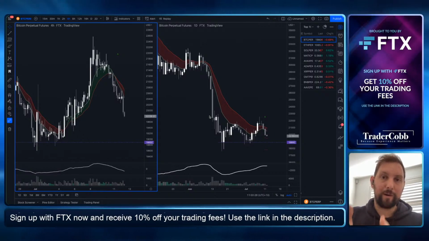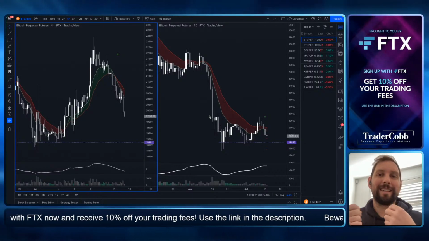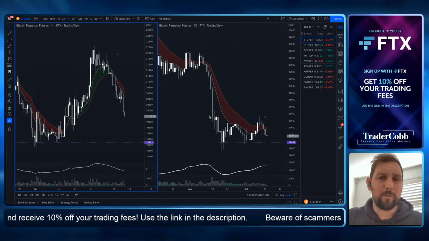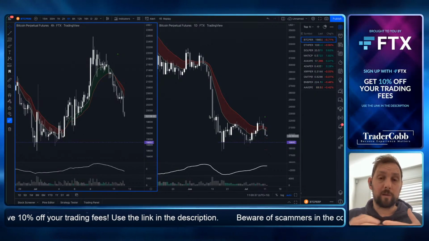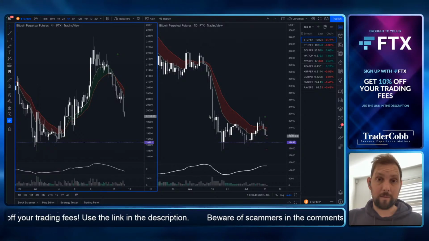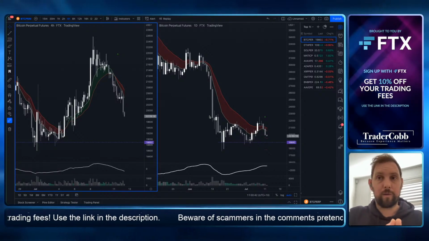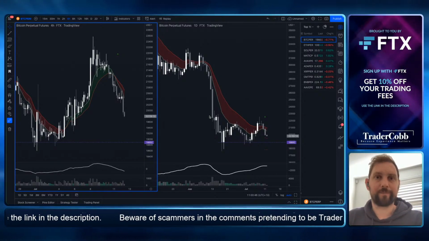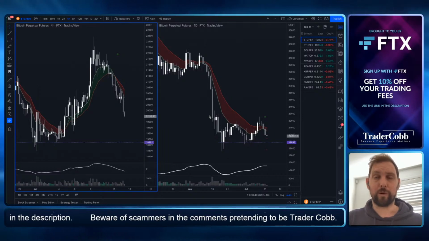What high liquidity contracts mean is no slippage or very minimal slippage, because there's a lot of liquidity in that contract. So for that reason, I'm going to be focusing on the lower time frames on the top 10 pairs on FTX. Now, let's have a look.